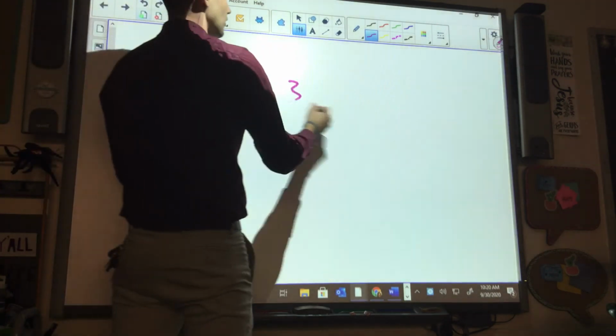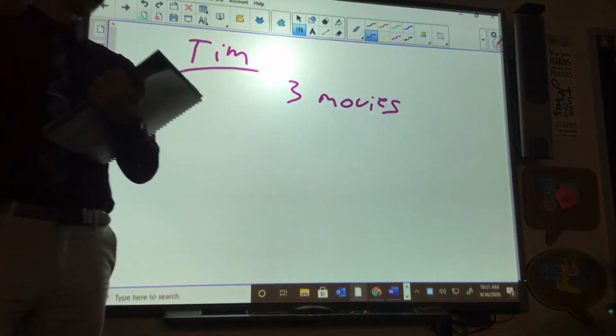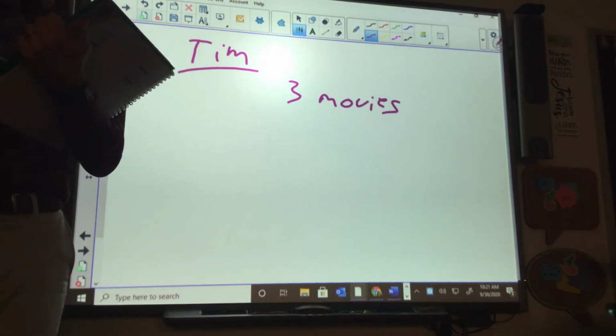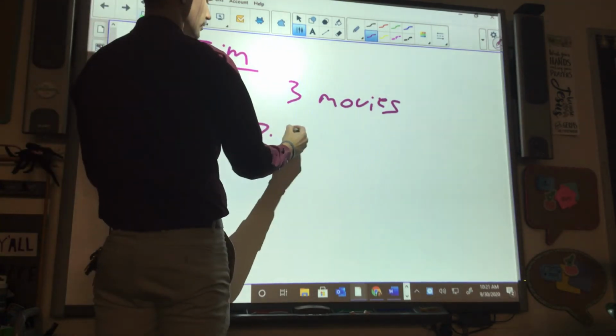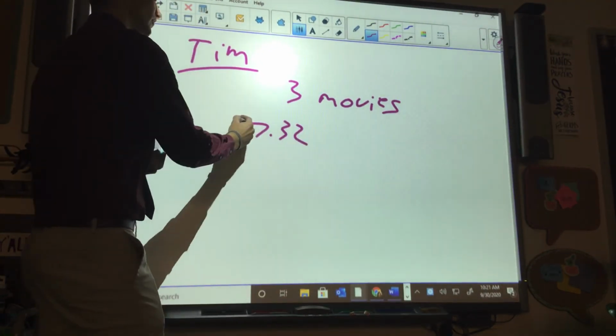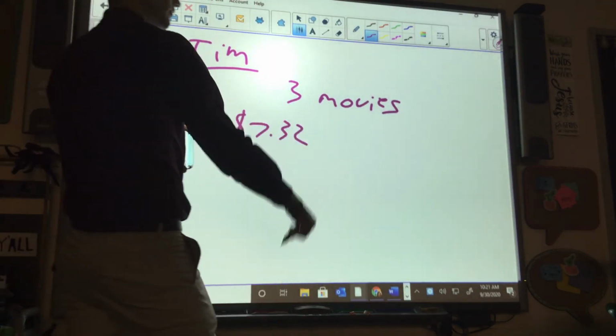Okay, so he's buying 3 movies, and they're gonna cost less than 20 bucks, and it's gotta have something with decimals in it. 7.3. One more decimal. 2. All right, so we're gonna say that they cost a very specific $7.32. He's buying 3 movies at $7.32.